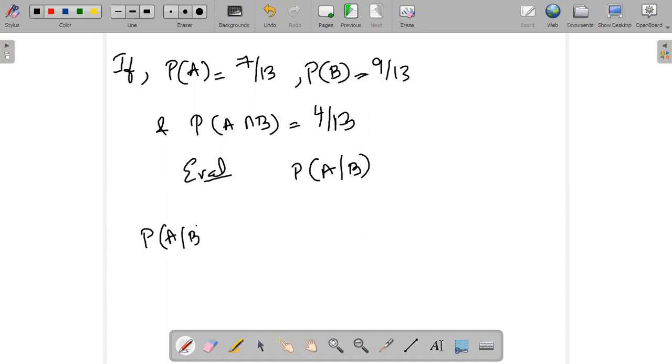P of A intersection B by P of B. Can you calculate and tell me? 4 by 9.